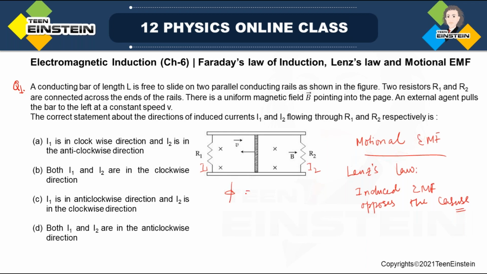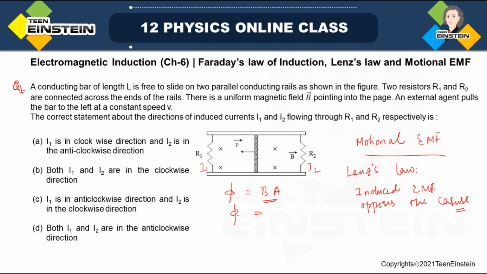Flux means B into A. Since these are perpendicular to each other, it is B dot A. And how does A change?